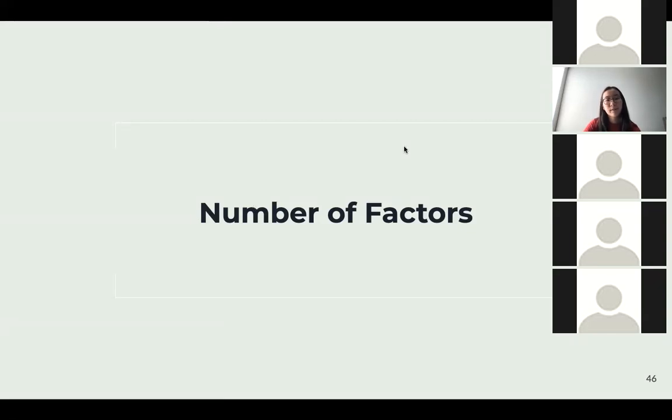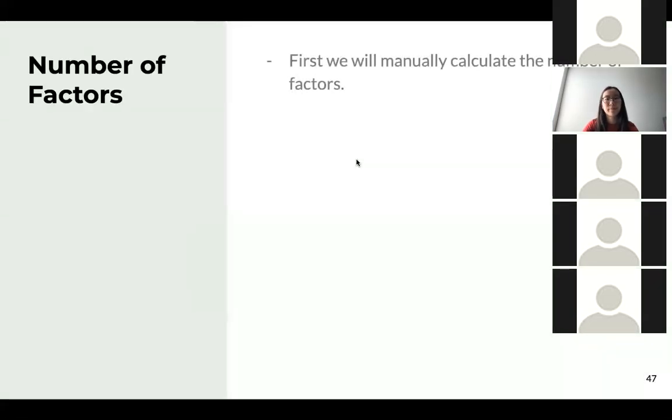Okay, so now we're going to move on to finding the number of factors using prime factorization. So first, we're going to practice manually calculating how many factors a number may have. So I want you guys to try to find the number of factors that 24 has.